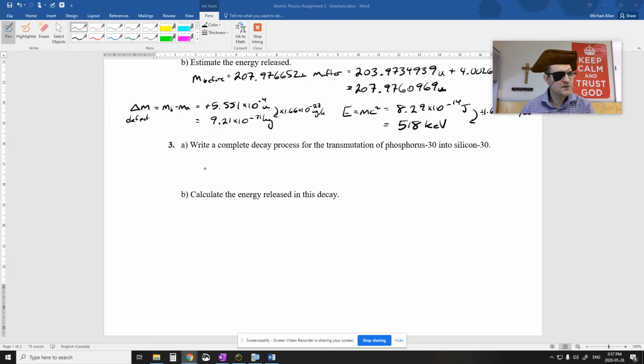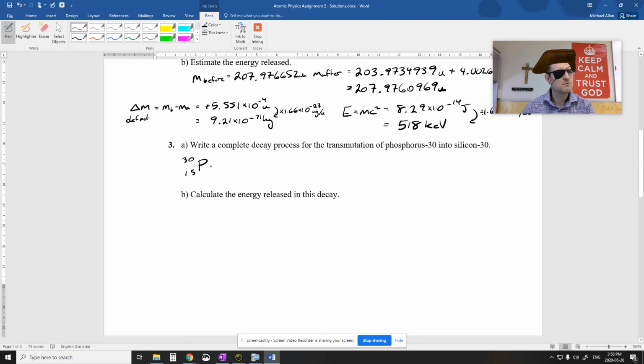So phosphorus 30 is P. And phosphorus is, where's phosphorus? Oh, phosphorus is P15. Okay. I don't know what I was looking at there.